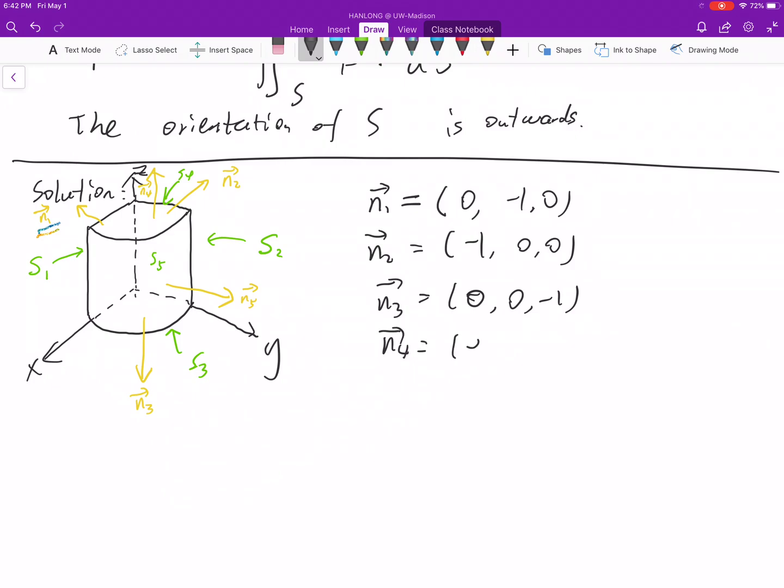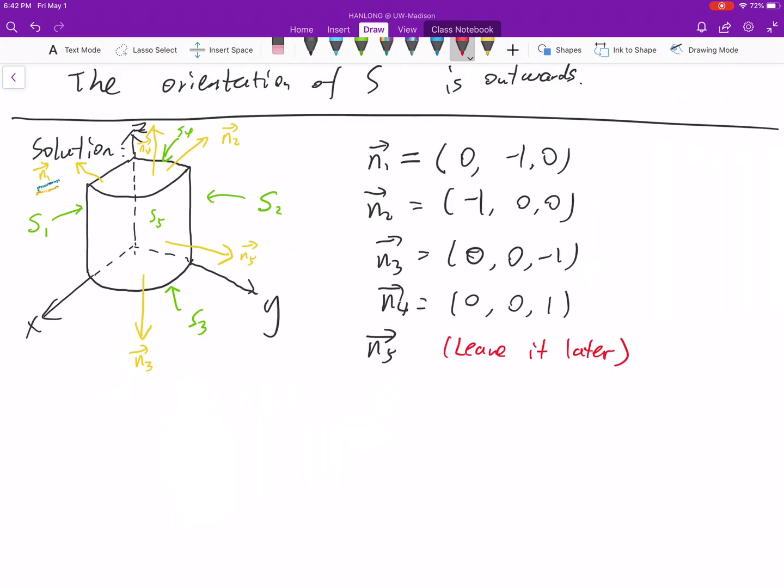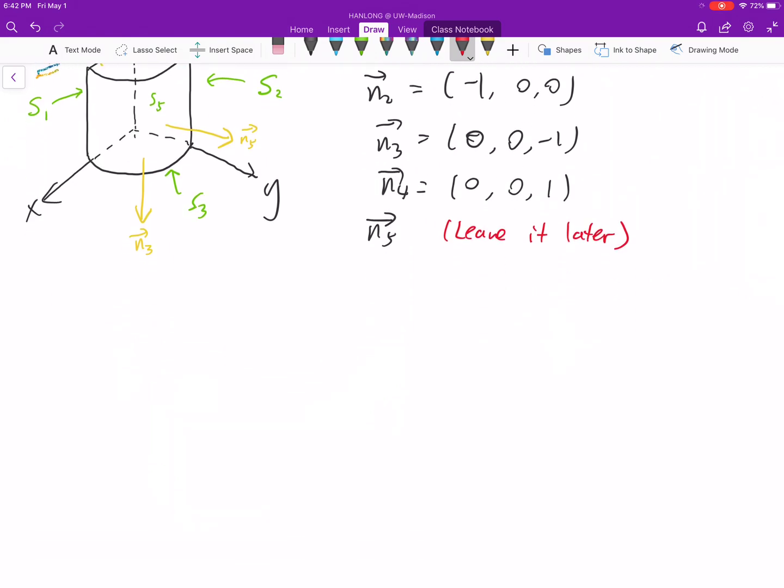N4 is given by 0, 0, 1. N5, you need to do a little bit of calculation. We'll leave it for later, because it depends on your parameterization, so we would like to have the parameterization first, and then give the orientation point-wisely, which is easier. Okay, now let's decompose the whole.